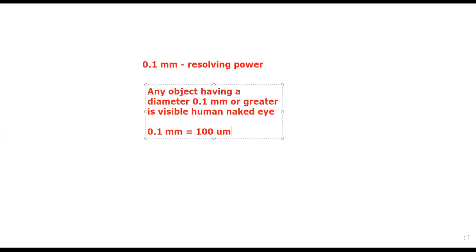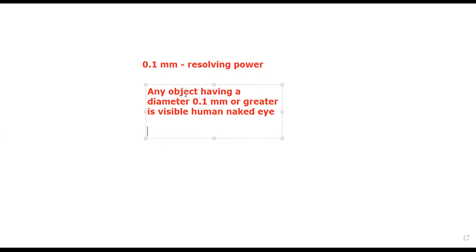So 0.1 millimeter equals 100 micrometers. So in micrometers, the smallest size you can notice with the human naked eye is 100 micrometers. If it is 99 micrometers, it is not visible; you can't observe it. Are you clear?